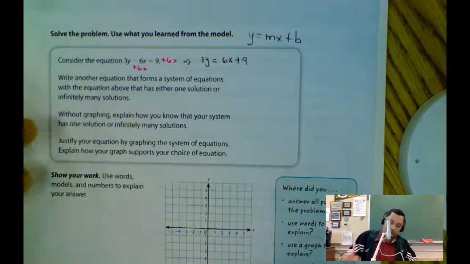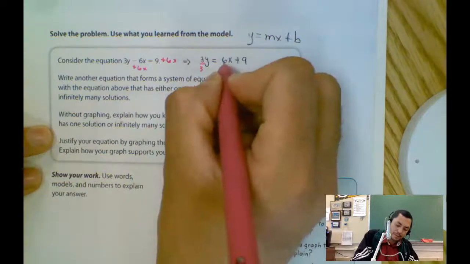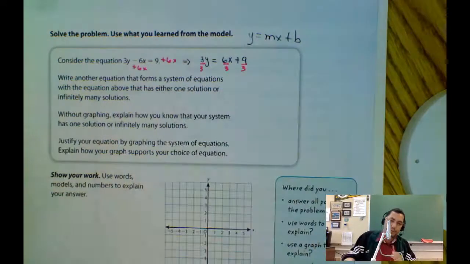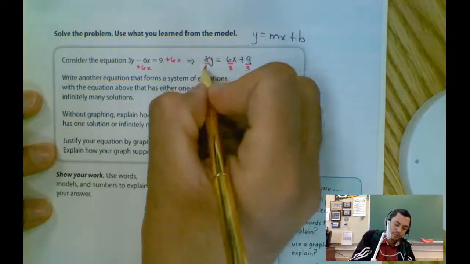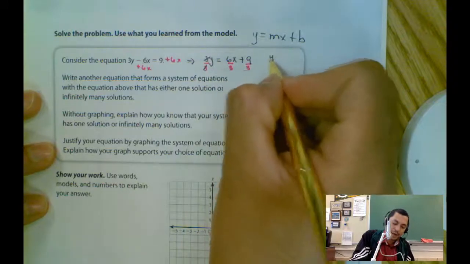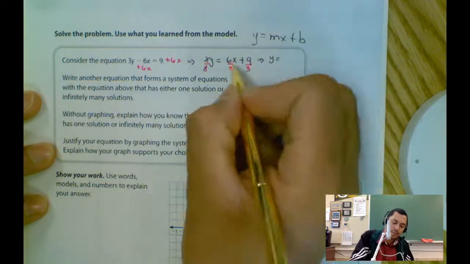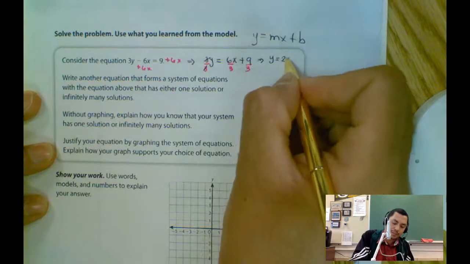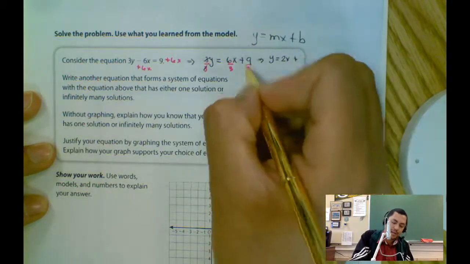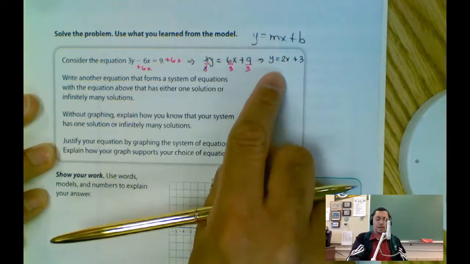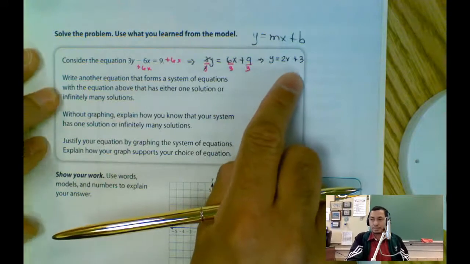Then we're going to divide by 3, every single term. So these two go away. So I have y equals 6 divided by 3 is 2x plus 9 divided by 3 is 3. So I have y equals 2x plus 3.